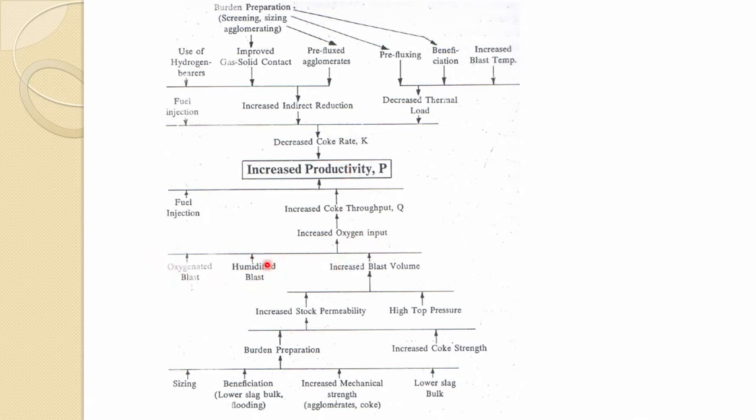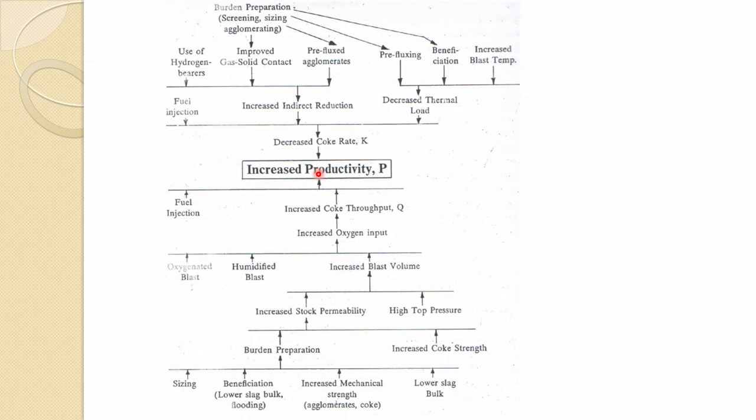You can of course humidify and oxygenate the blast, which we talked about, that will increase the flame temperature and other things, and probably will increase your coke throughput. And even the fuel injection. So this is the way we can increase Q factor, which ultimately increases the productivity of the blast furnace.